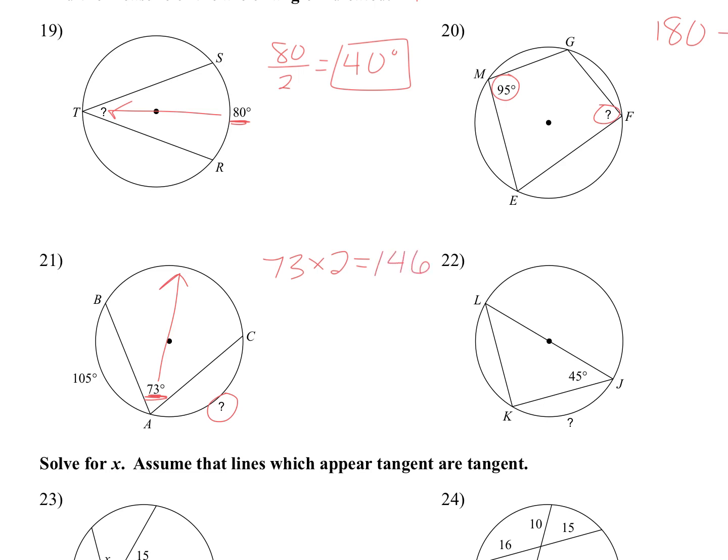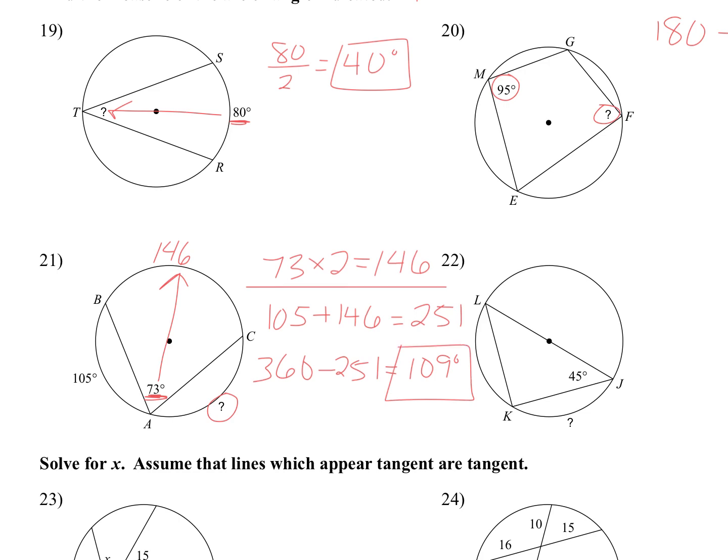So this is 146 here. What do we know about all angles in a circle? They add up to 360. So add up what you have. 105 plus 146, which is 251. And then subtract from 360, which gives you 109.